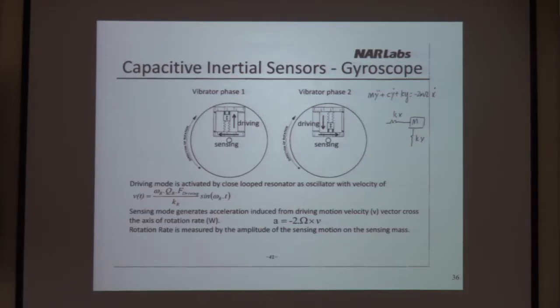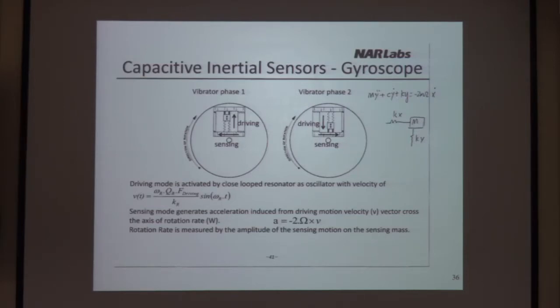The direction is the direction of angular speed crossed with the direction of velocity. So this force, omega cross V, is the force experienced by this car. This force is Coriolis force.